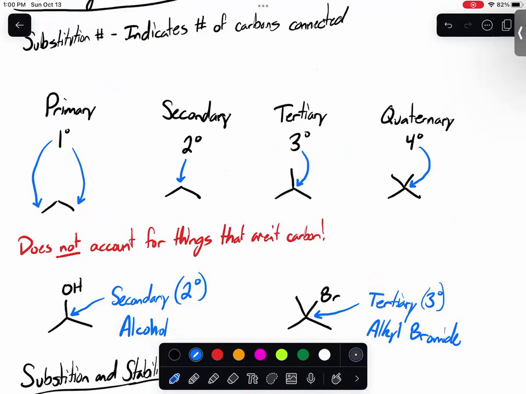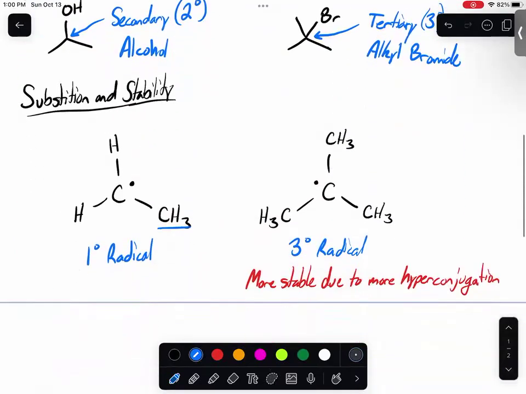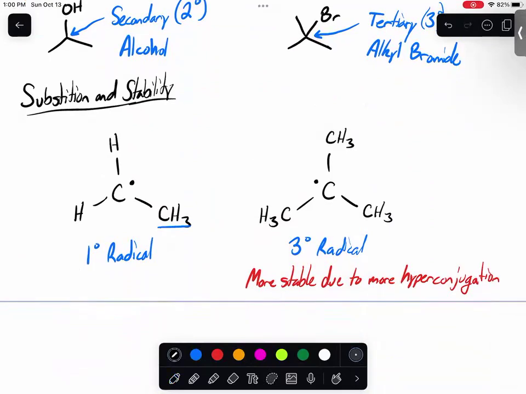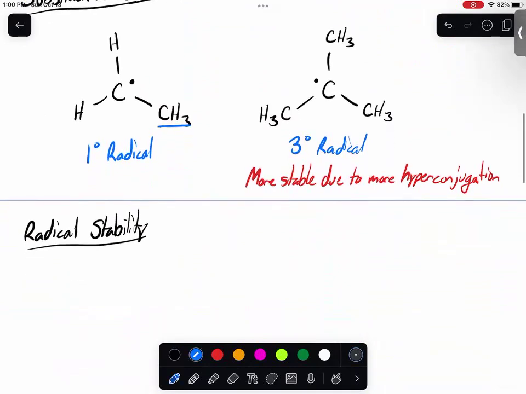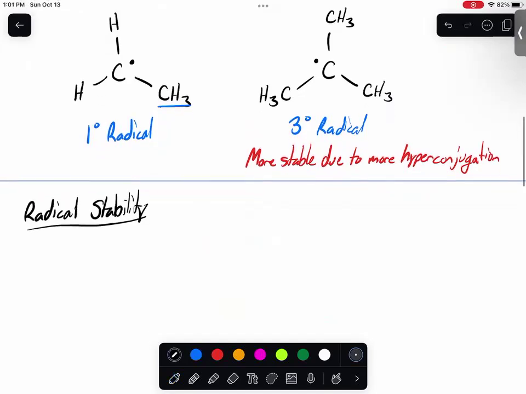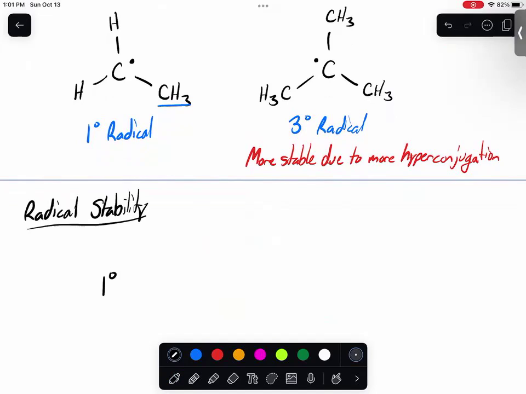Okay? Now, that being said, looking at this idea of our substitution stability, this is just a reminder from last lecture. When we were looking at these radicals, the radical stability went something like this. But now we can word it in terms of the substitution patterns. We've got primaries are worse than secondaries. Secondaries are more stable.